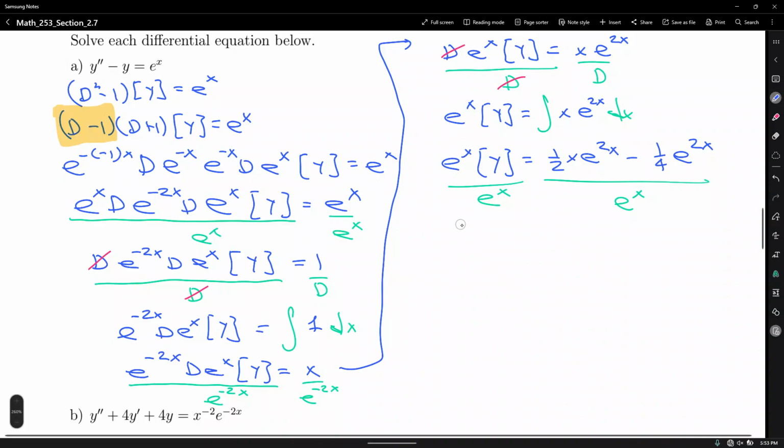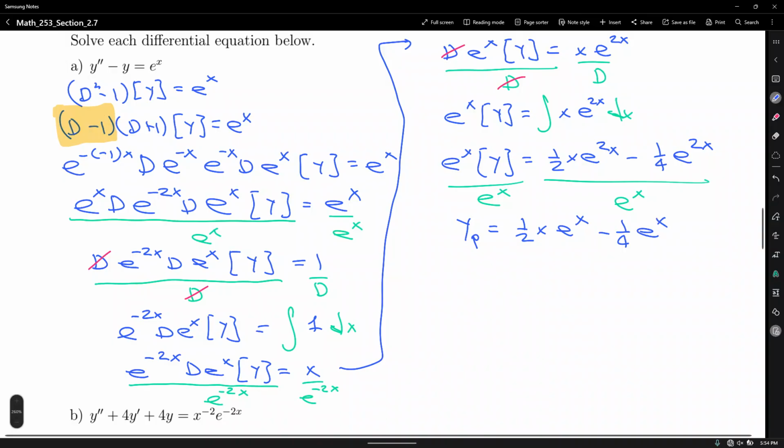And this is y, finally. This is y, but this is y sub p, equals 1 half x e to the x minus 1/4 e to the x as well. That's only the y particular.